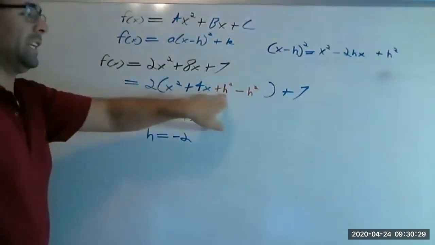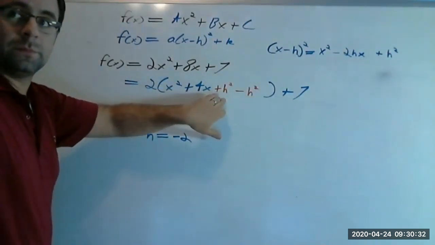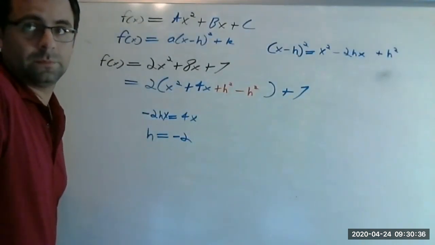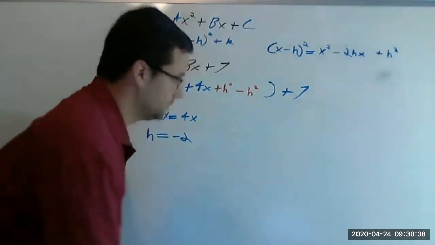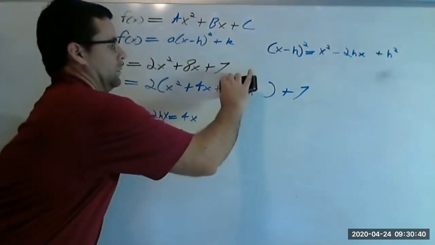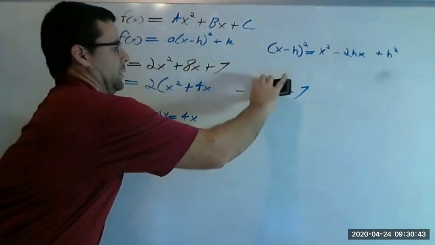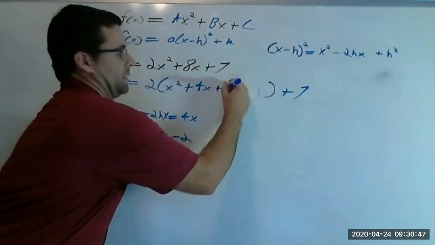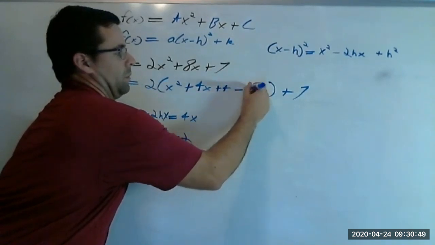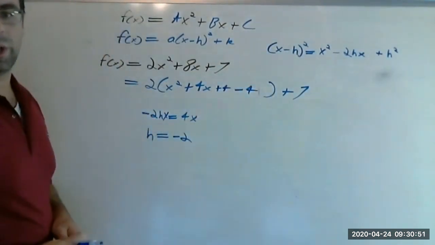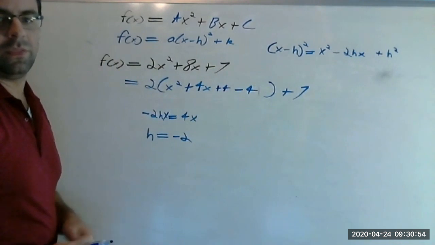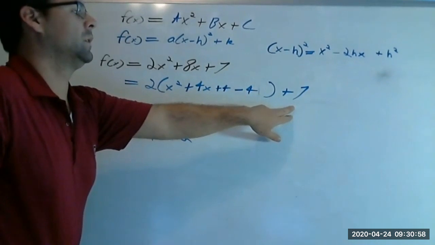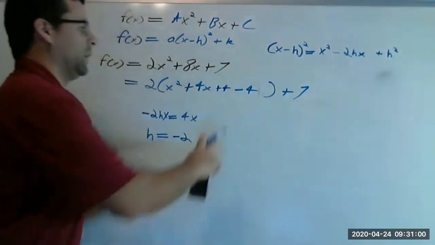But what is h squared? 4. So this becomes plus 4 minus 4. Now we have to get this minus 4 out because we only want this part.